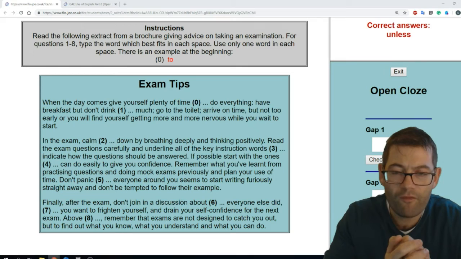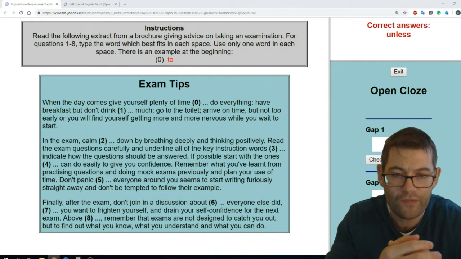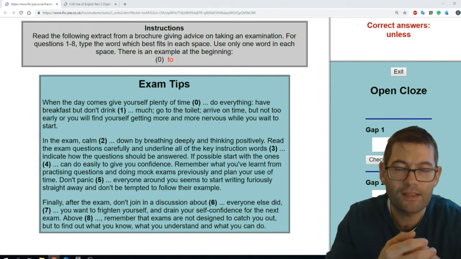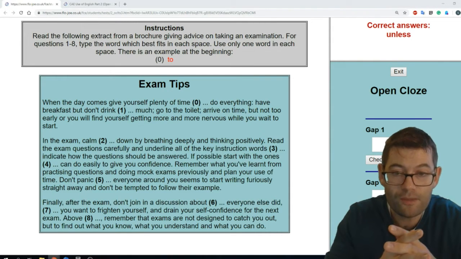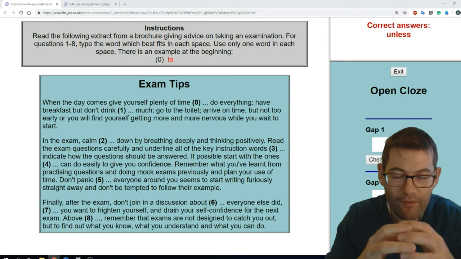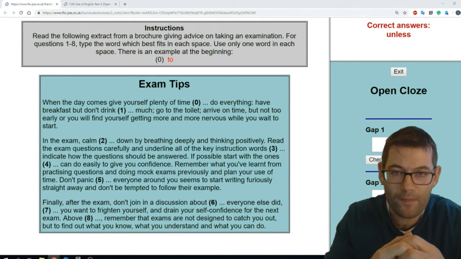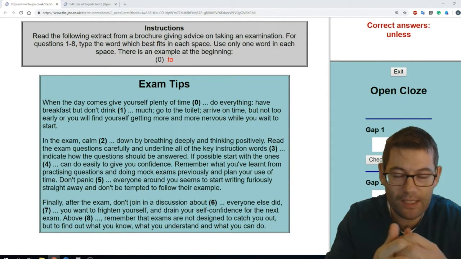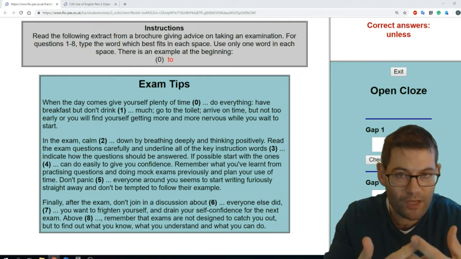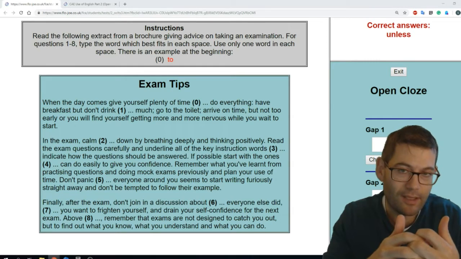One quick note about vocabulary here. You'll see the language, it says yourself getting more and more nervous while you wait to start. This is a very common language mistake with Polish students, because it's a false friend with zdenerwowane in Polish. Zdenerwowane means angry, irritated, whereas nervous in English generally means extremely worried, stressed, a little bit scared, not angry.